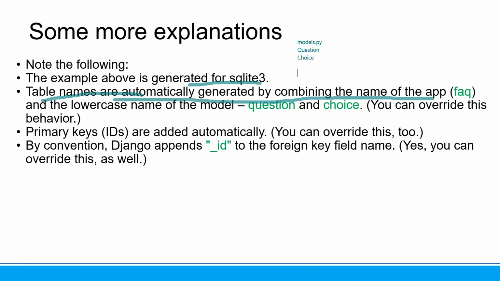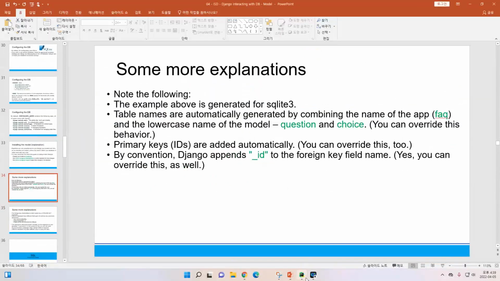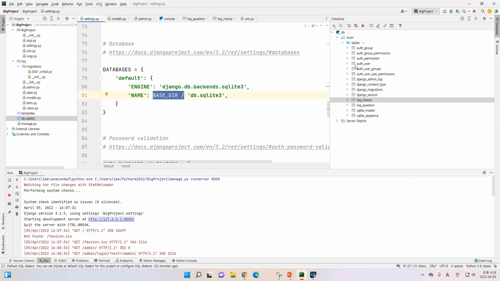But when you open your database, the names become faq_choice and faq_question. So it is automatically generated in SQLite 3 based on Django.